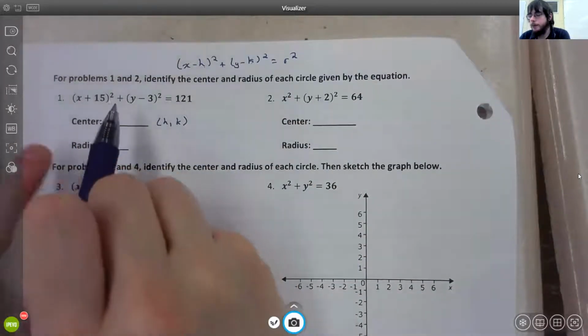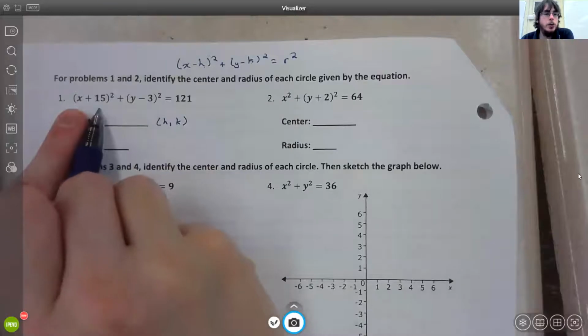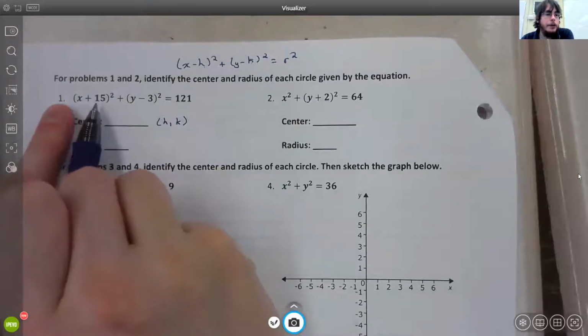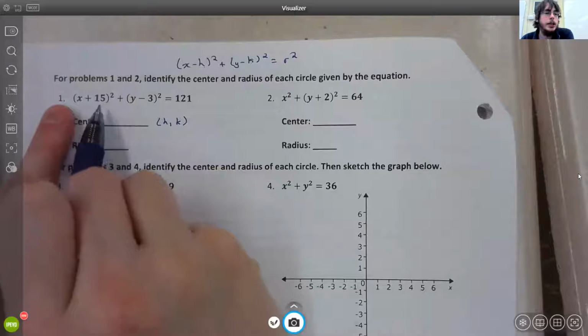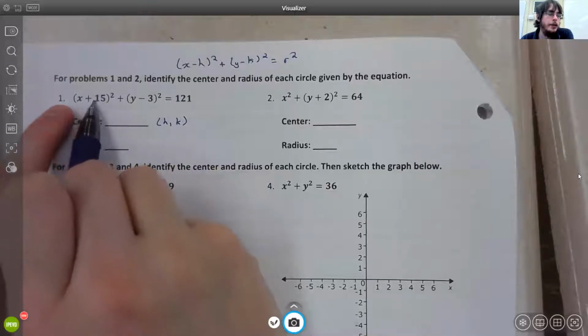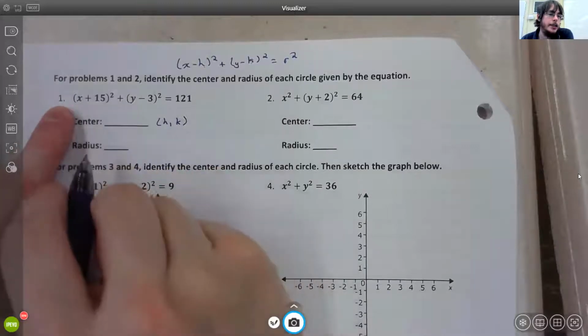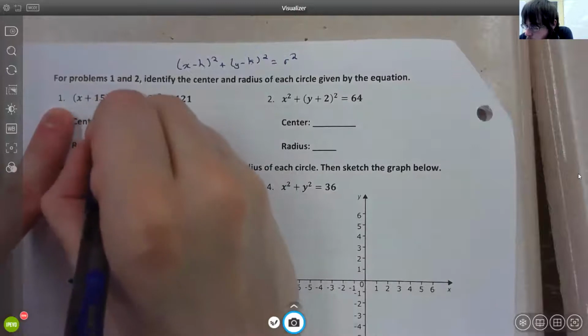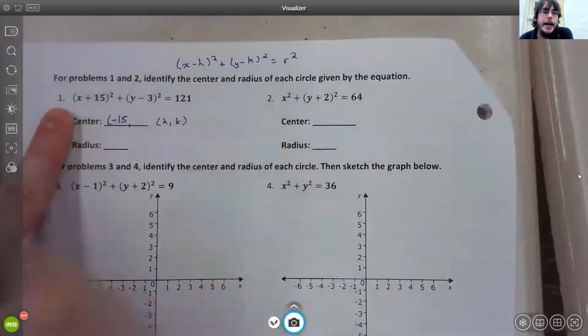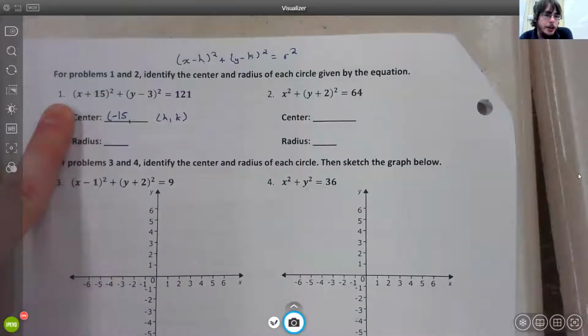So let's look here. We have x plus 15 squared. So we know that h will have to be 15. Now we just need to determine what the sign should be. So we see a positive here. Remember that the equation has opposite signs to the center point. So our x coordinate for the center is negative 15, not positive 15.